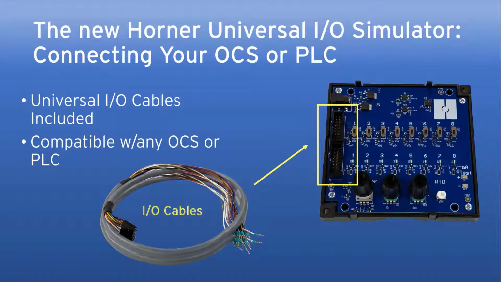Now, one of the things that keeps this simulator cost-effective and also universal is the fact that it doesn't come with pre-wired wiring harnesses. What it comes with is an I/O cable that connects on one end to the simulator, and on the other end can connect effectively to any OCS All-in-one Controller, any PLC, any remote I/O block.